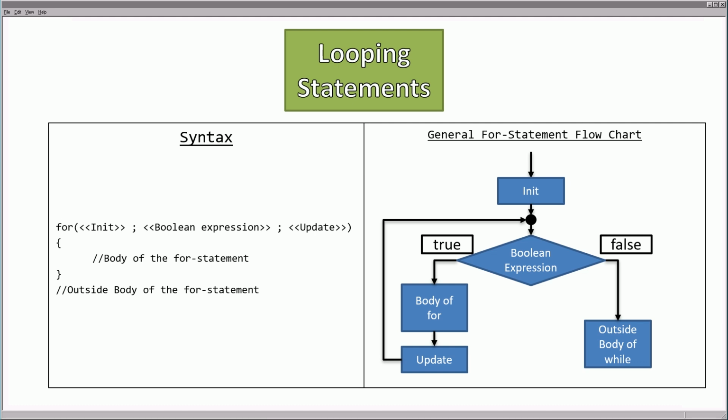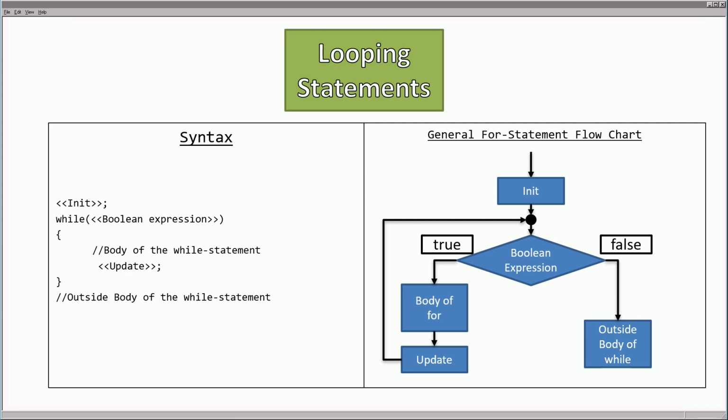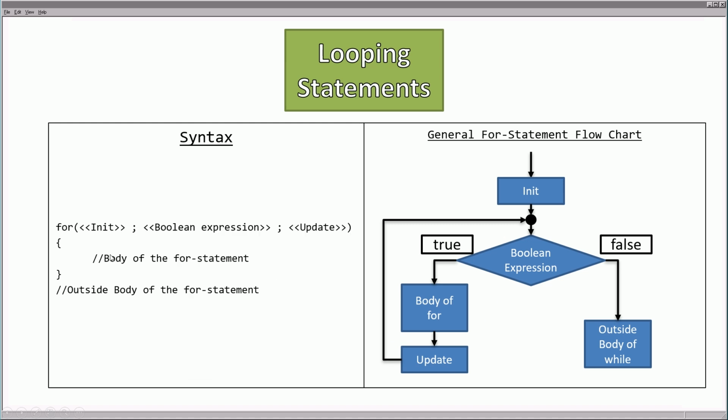Now, looking back at the flowchart that we just saw, we can see that this represents the for loop. Now let's see what the while loop looks like as a flowchart. It's the exact same thing. So once again, a for loop is just a counting version of a while loop, where we have three different parts: the initialization, the Boolean expression, and this update that are represented in each one of these argument parts.